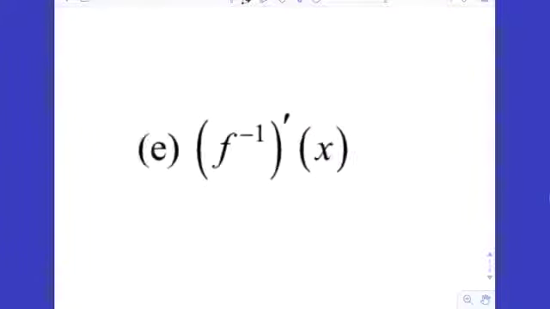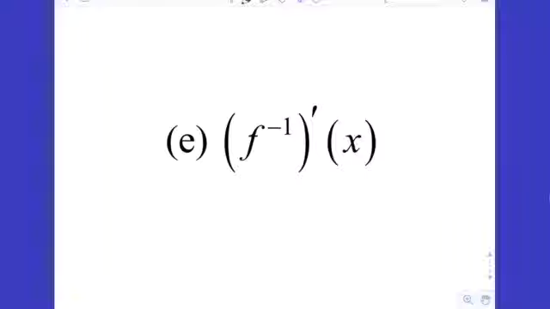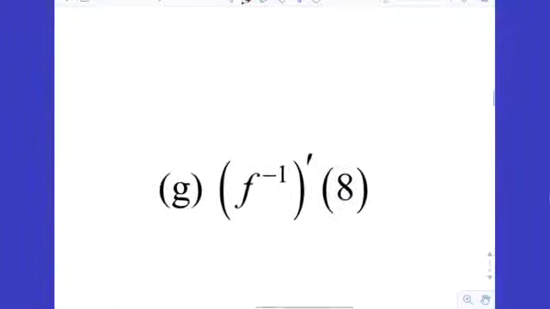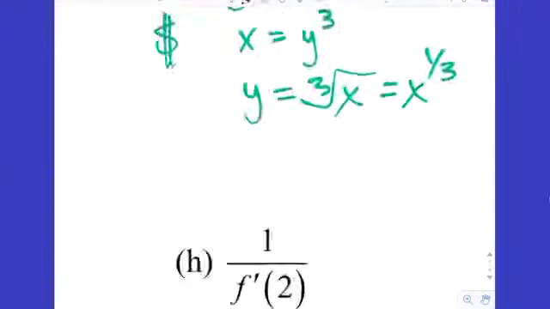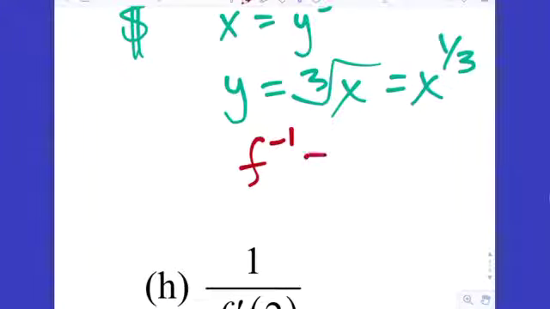All right, now it says to find that. What the heck is that? That's f inverse prime. That's the derivative of f inverse. So if we come back over here and we label that now as f inverse, I'll leave it as x to the 1/3.